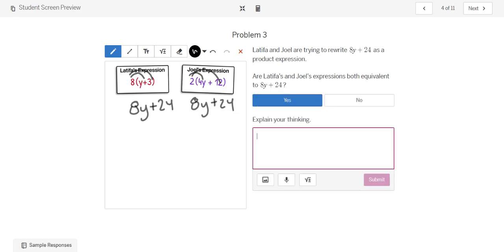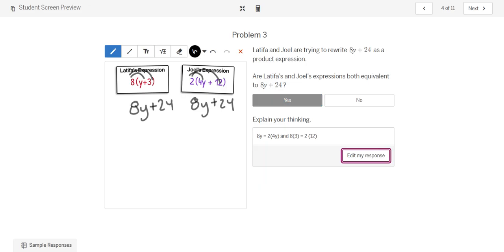Explain. 8y equals 2 times 4y, and 8 times 3 equals 2 times 12. And so that's how I would explain it.